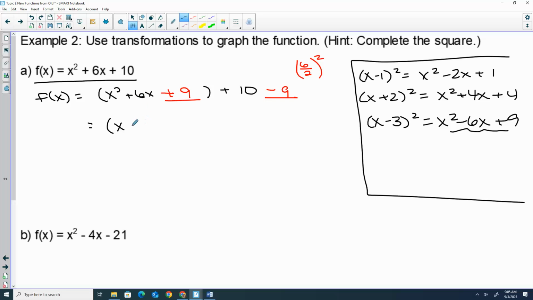Multiply to 9, add to 6, that'd be 3 and 3. Remember, it's always that number after you divide it by 2. So this is x plus 3 squared plus 1. And then if I asked you to graph that, that would be easy. We know x squared is a parabola: 0, 0, 1, 1, negative 1, 1, 2, 4, negative 2, 4.